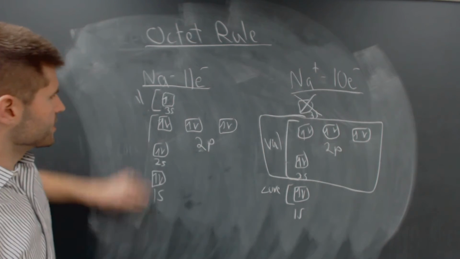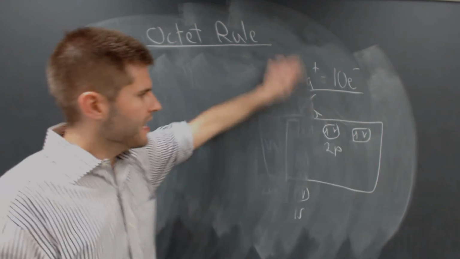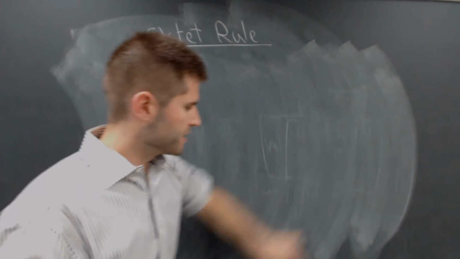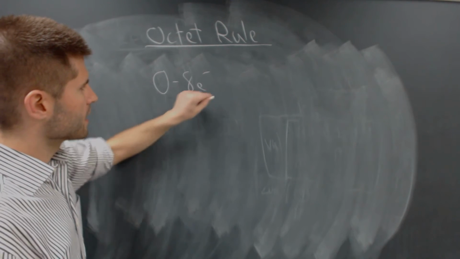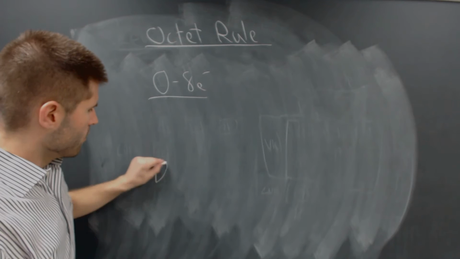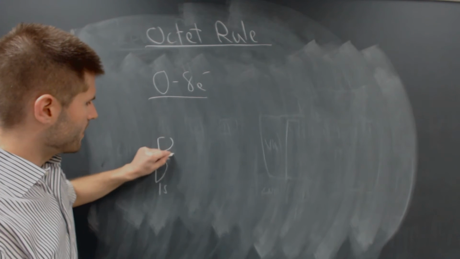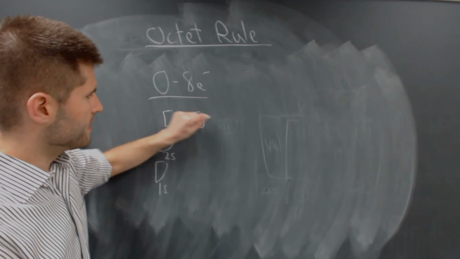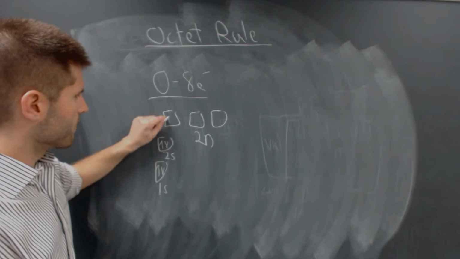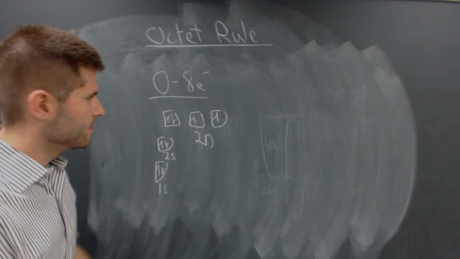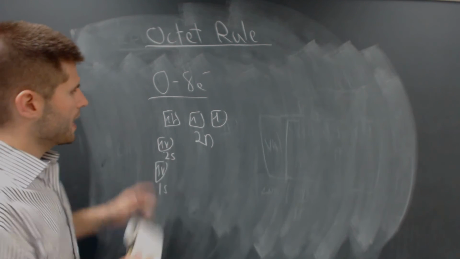Let's look at something such as oxygen, which is a nonmetal, and see what it would have to do in order to get this octet rule. So oxygen is element number 8, which means a neutral oxygen has 8 electrons. 1s, 2s, 2p. 1, 2, 3, 4, 5, 6, 7, 8. Well, look at neutral oxygen.